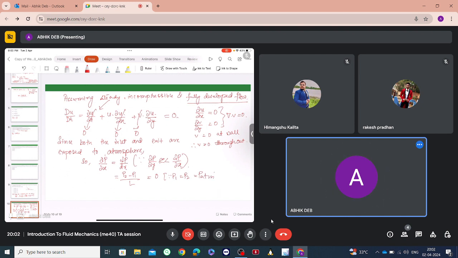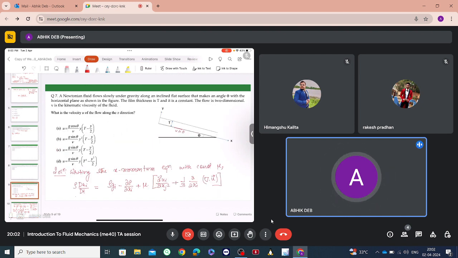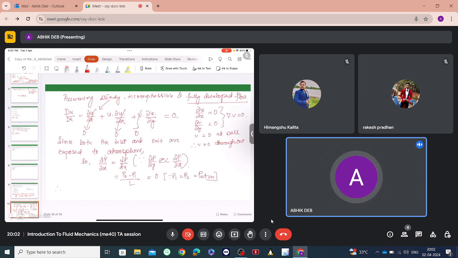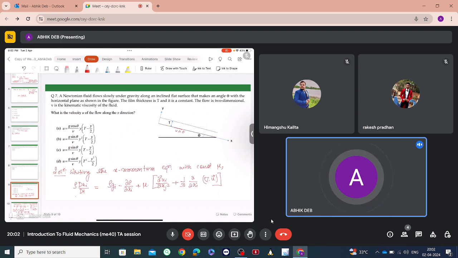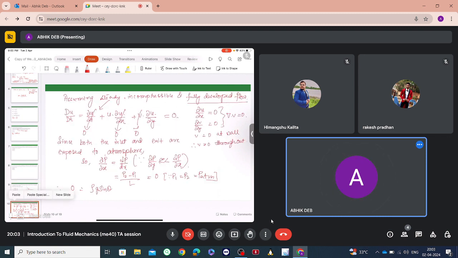Therefore in this equation the left hand side becomes 0, and so we will only be left with 0 is equal to rho g_i. What is g_i? This will be g sine theta in the x direction. And del p by del x becomes 0, plus mu del 2u by del y2 is equal to 0.